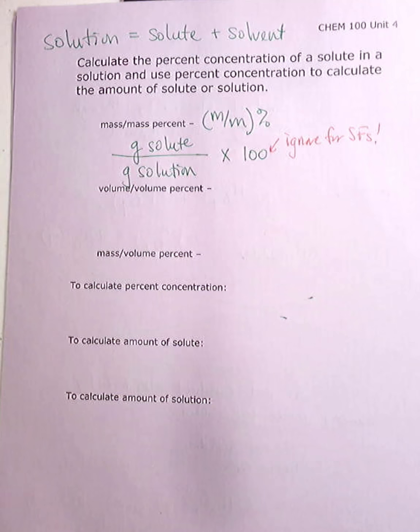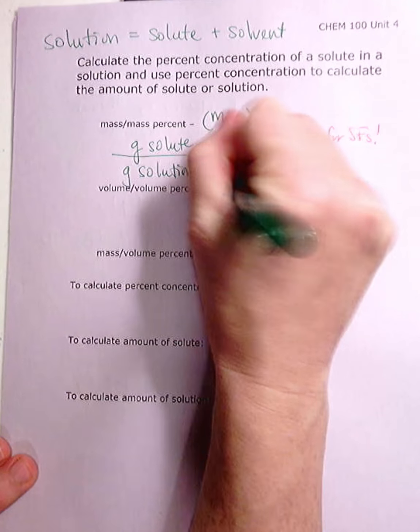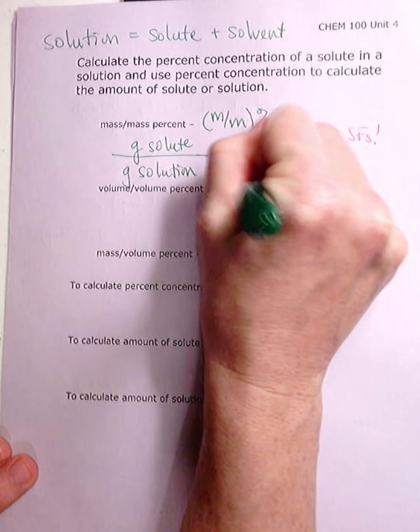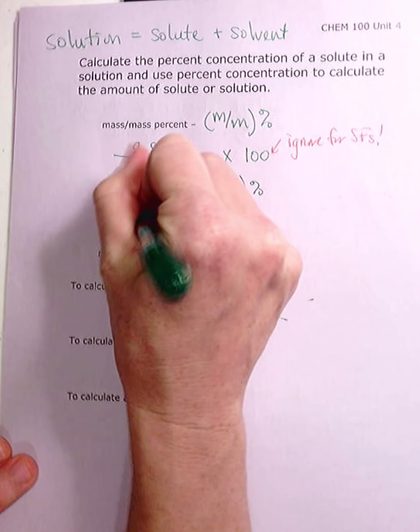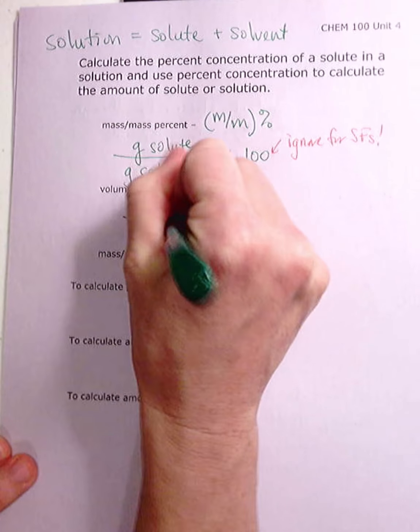Okay, volume percent, which is abbreviated V/V percent, is milliliters of solute over milliliters of solution times 100. And again, you ignore the 100 for significant figures.